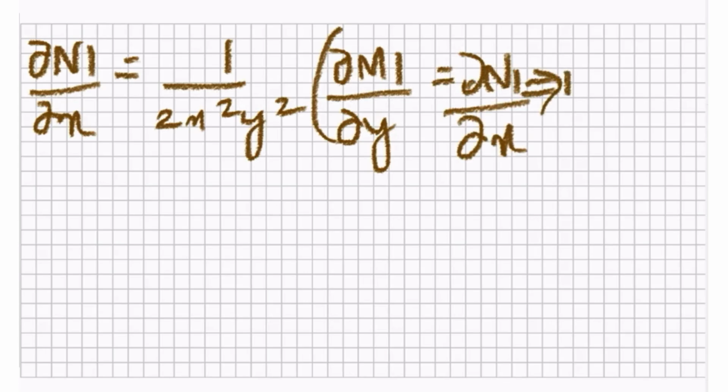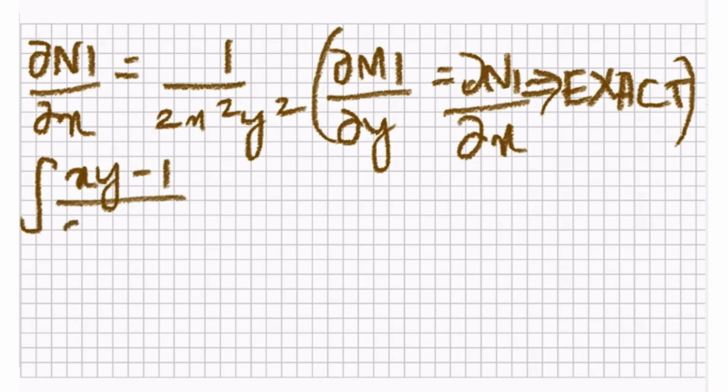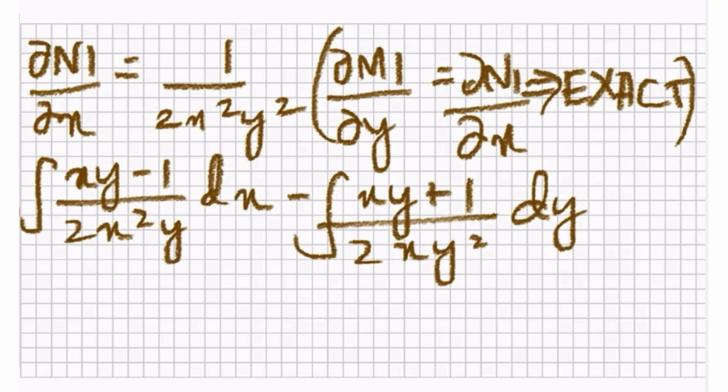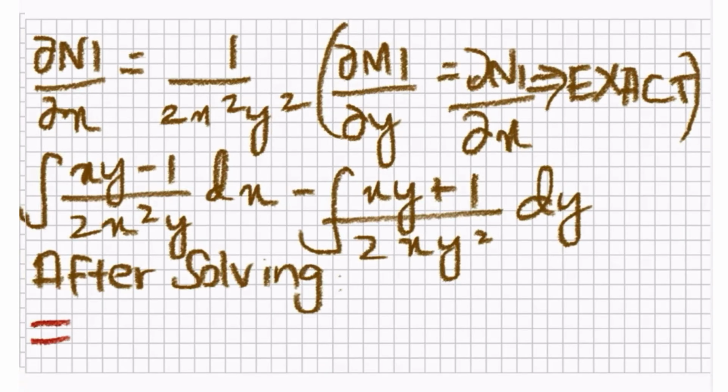The equation is now exact and we can solve it further by integrating the M1 and N1 terms under separate integrals. Upon solving our given example, we see that our final answer turns out to be 1 by xy plus half log of x by y is equal to c.